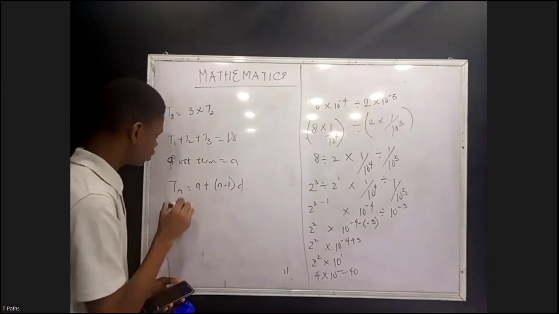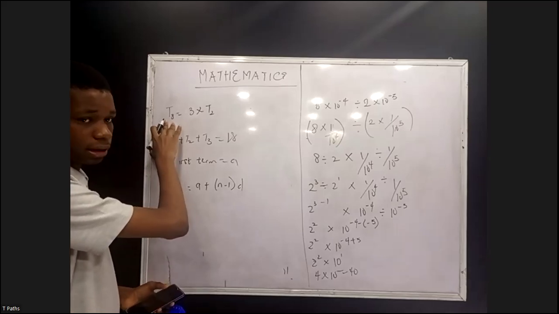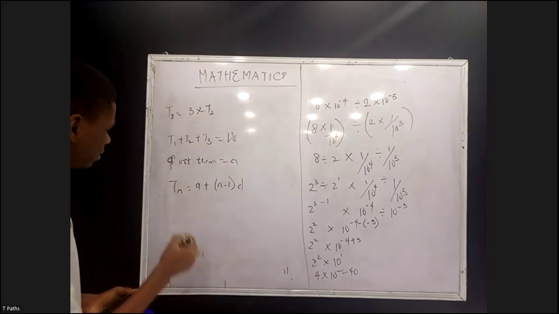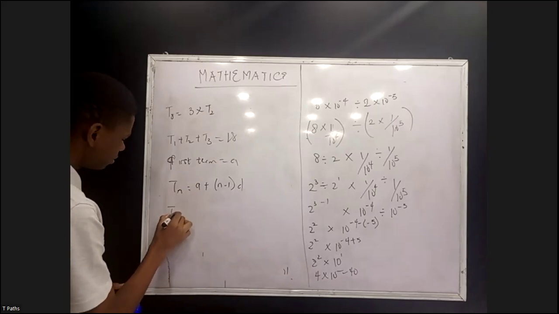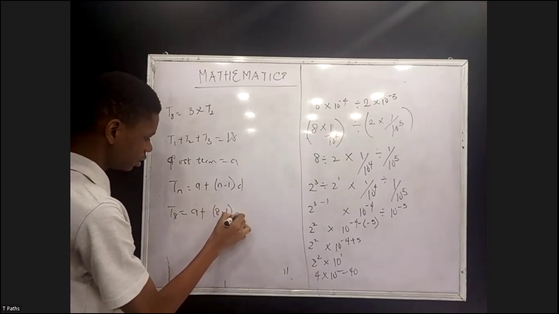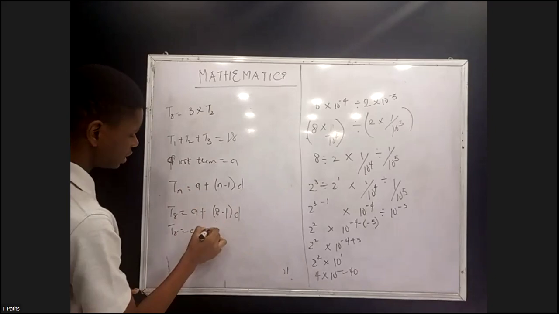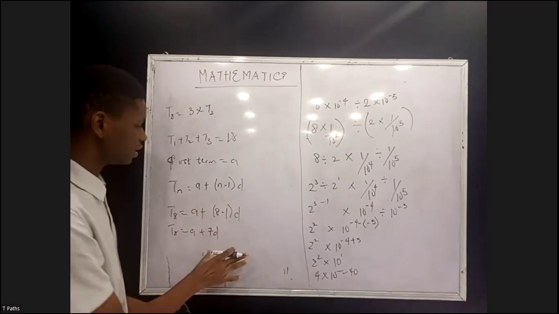Now in this question, the eighth term is three times the second term. Using this formula, the eighth term is equal to A plus (n minus 1)d, so T8 is equal to A plus (8 minus 1), which is 7, so 7d. I have this as my eighth term.